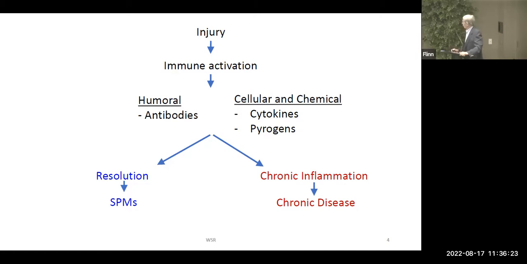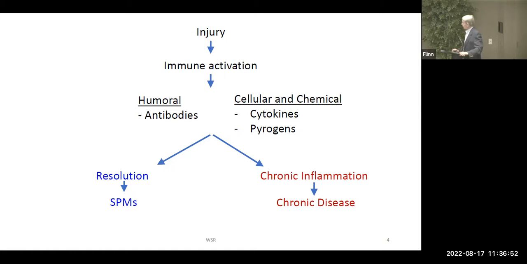So you have the immune activation, you have the two components, and then hopefully you go on into resolution. And the resolution is accomplished with the help of some specialized proteins that have just been recently described, called SPMs, or special pro-resolving mediators.